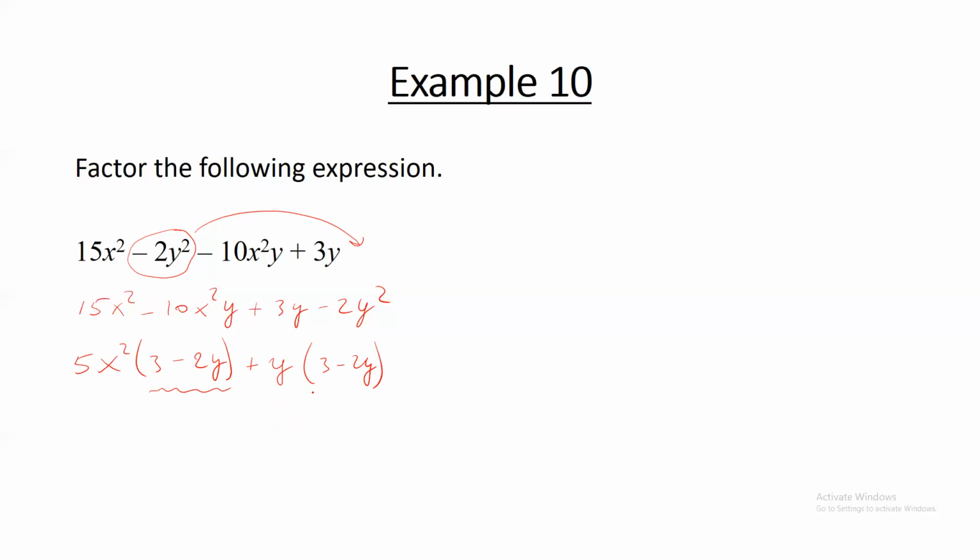Ooh, 3 minus 2y, there you are. Now we have our binomial common factor that we can factor out, and we're left with 3 minus 2y times 5x squared plus y. And so there we go.